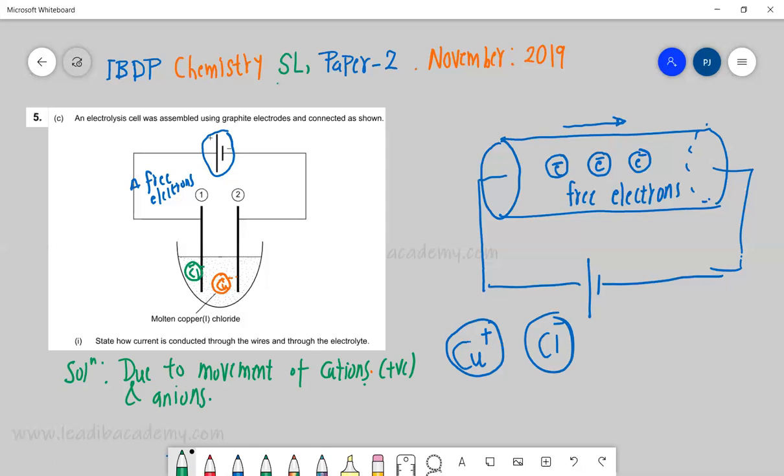There are two aspects: through the wires, free electrons; through the solution, the cations and anions. In this case, the cations are Cu+ and the anions are Cl-. Simple. Extremely simple question. Hope this is quite clear.